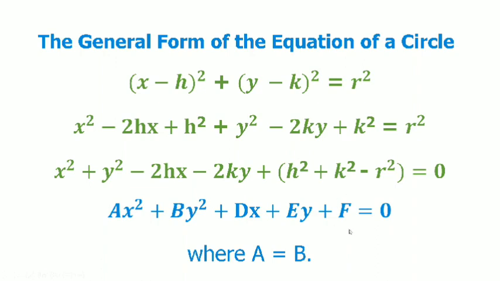So f here is the constant term for h squared plus k squared minus r squared. Since we do not have cxy, c here is 0. So the term cxy is not present in this equation.